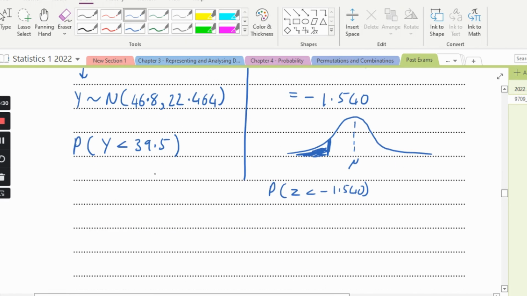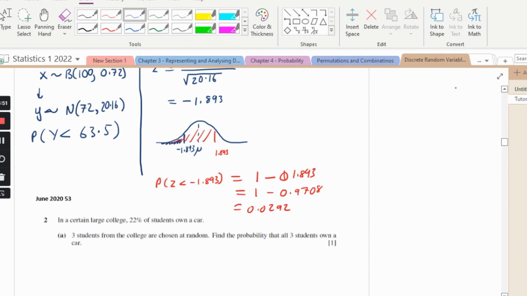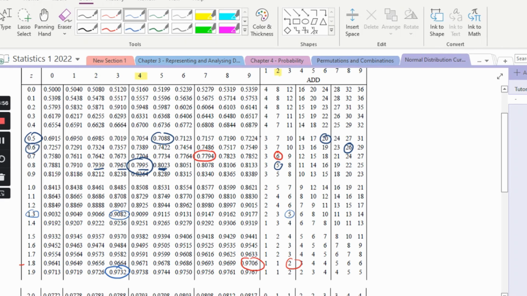equals, who can tell me? Yep. 1 minus phi 1.540, and we're going to need to look that up. Let's have a look. Where is it? Oh, not that one. 1.540. 1.54.